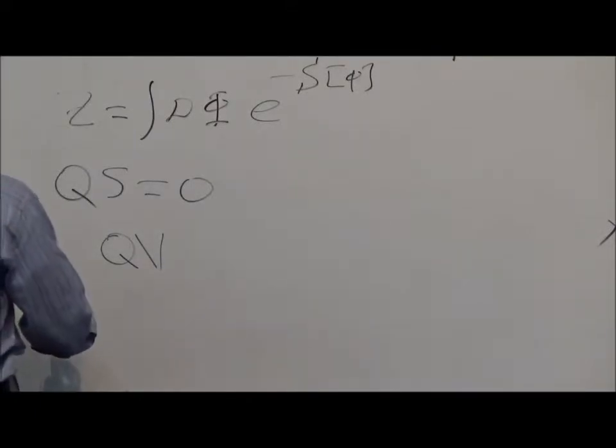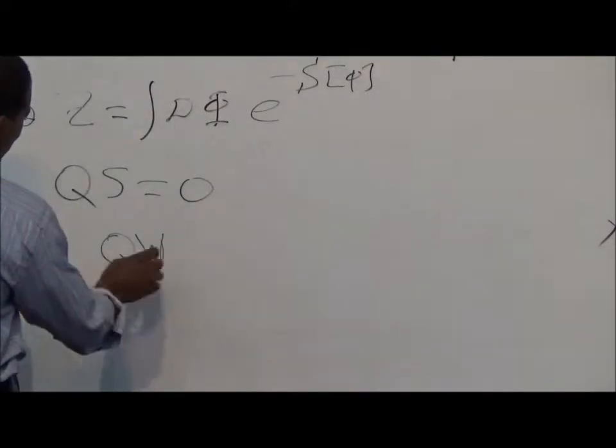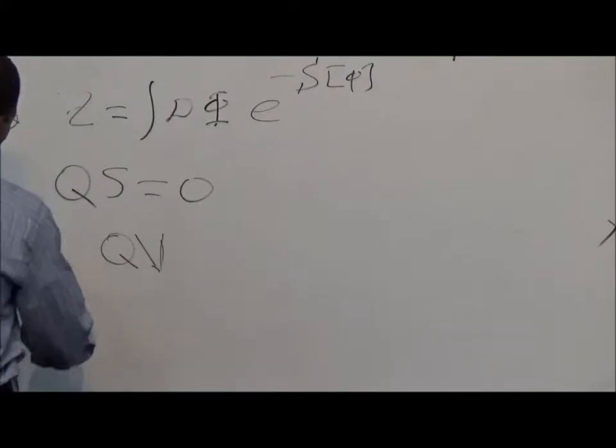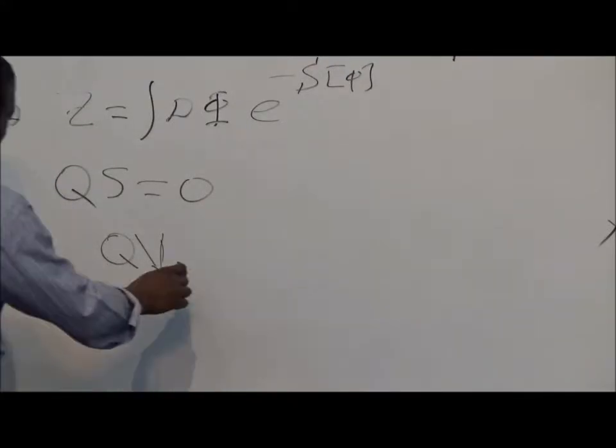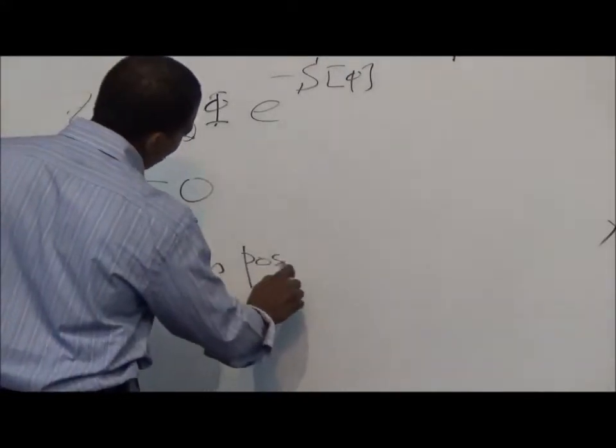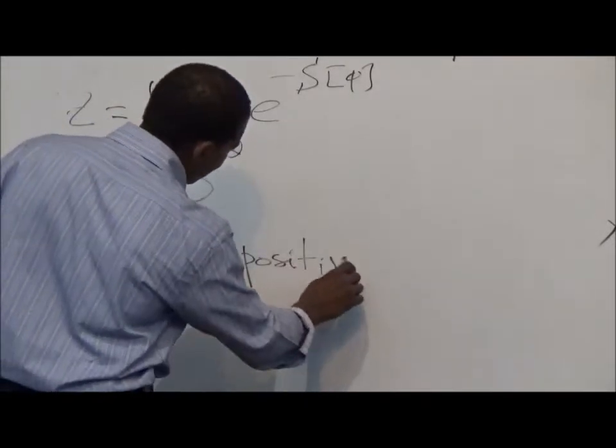I want to give you the rough idea of how this works and how powerful it is. But again, I'll be happy to discuss this personally because it's subtle. So suppose I have some V such that QV is positive or positive definite.